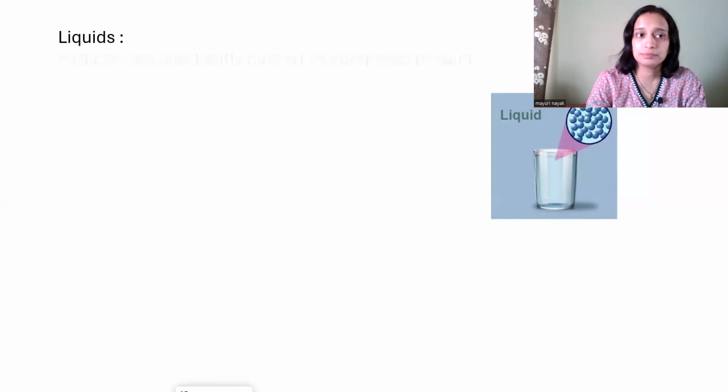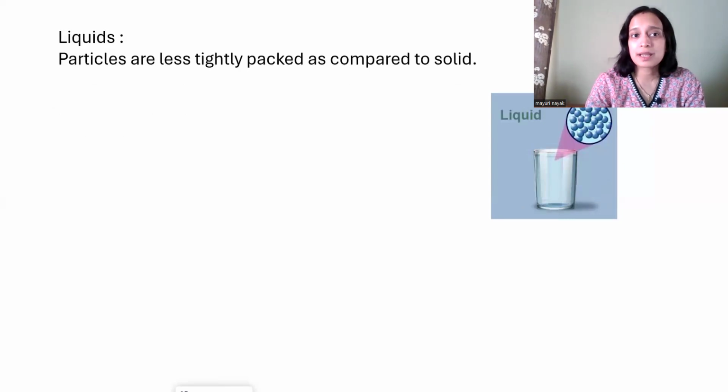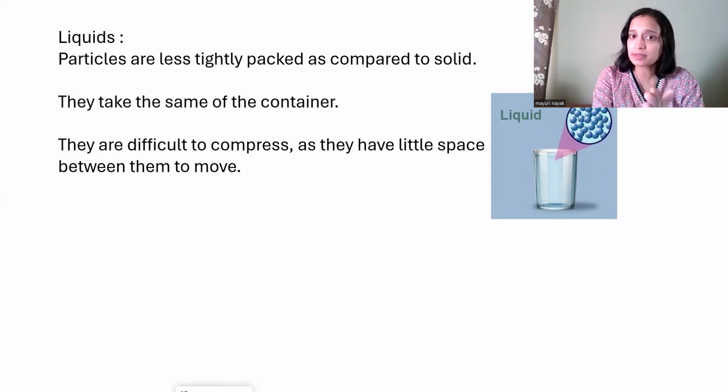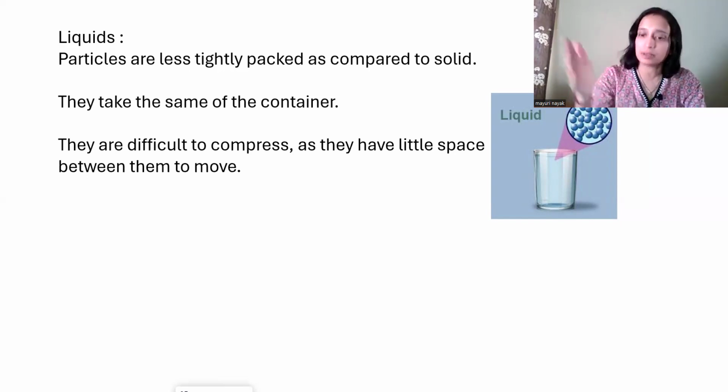Liquids. Particles are less tightly packed as compared to solids. They take the same shape as the container. They are difficult to compress as they have little space between them to move. This point we will study further. What is the meaning of compressibility?